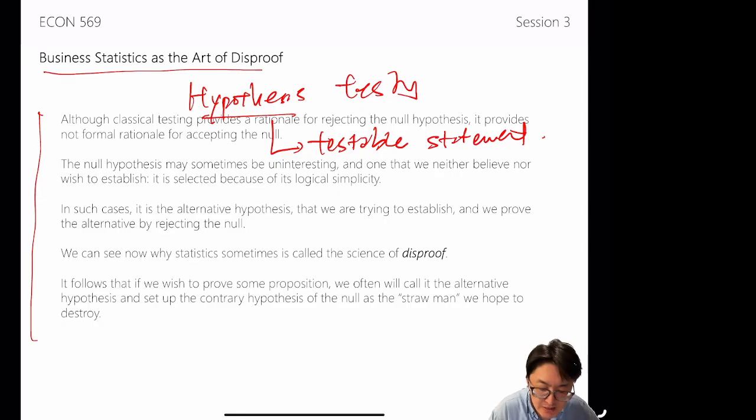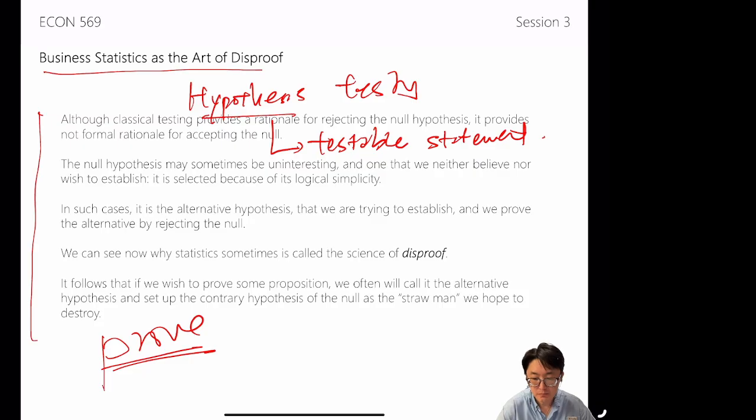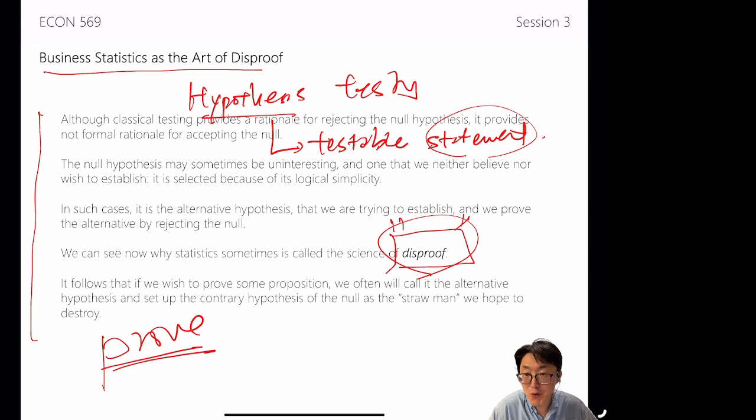I would like to prove this statement is correct. However, proving something correct is really hard. It's way easier to disprove. In fact, by making a successful disproof, you can prove something alternative.